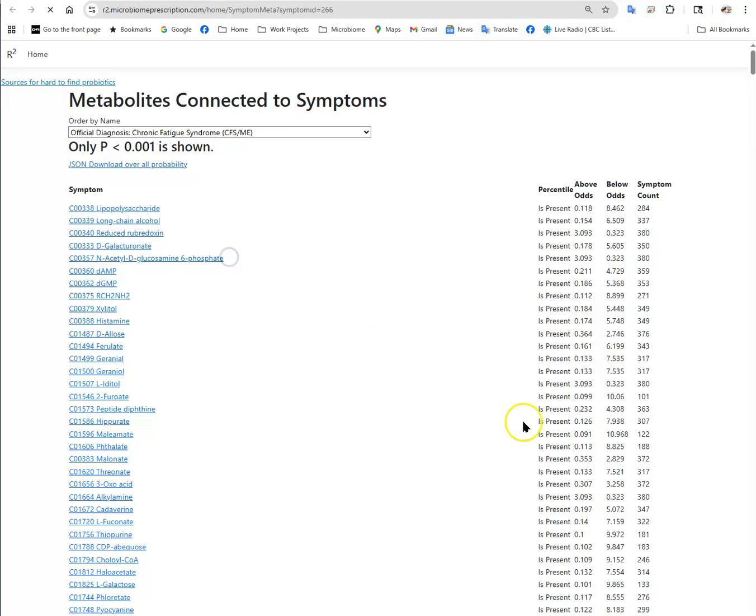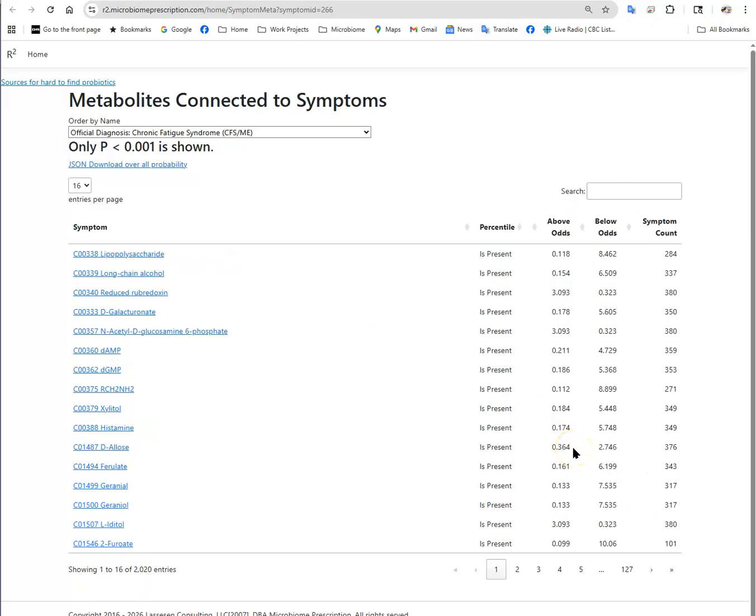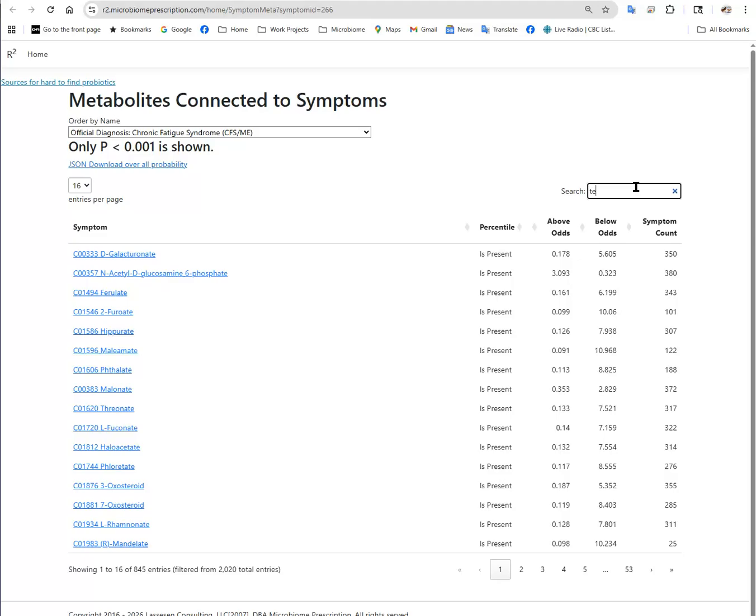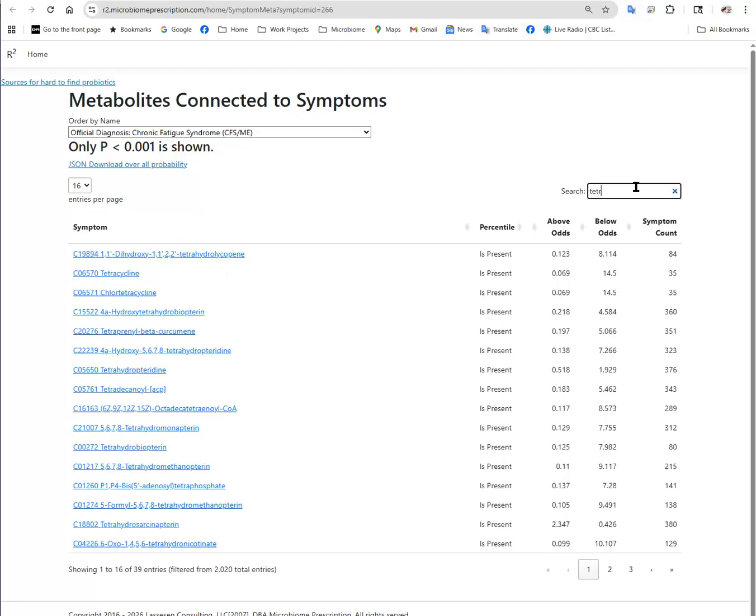So let's look at MECFS, and we have 2,000 different metabolites involved. Now, I'm going to look for one of those which I know. See, there is the chemical tetracycline, and there's actually more of them.